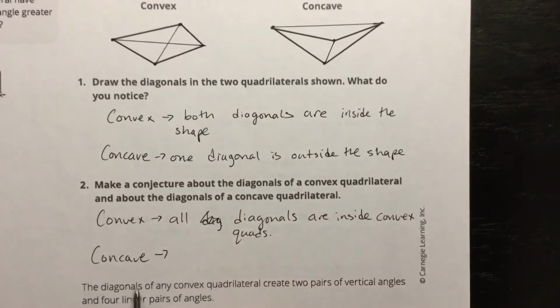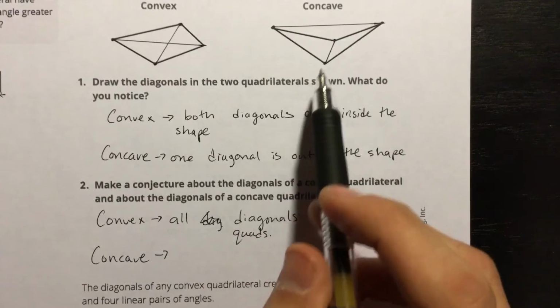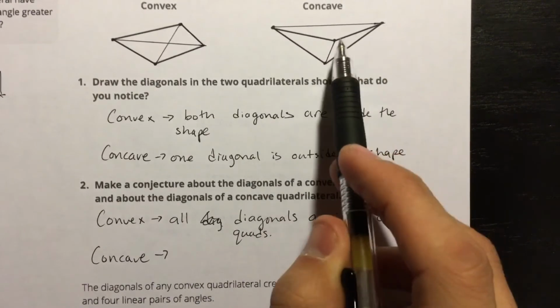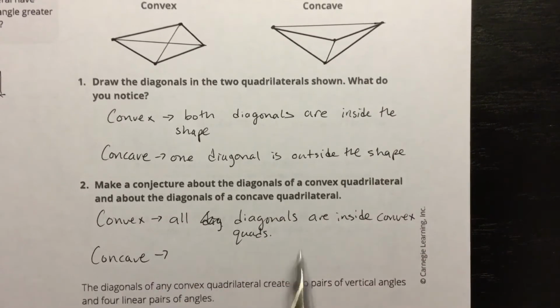And then my conjecture for the concave: in here I said one diagonal is outside, so that means that there's one inside, right? Because for a 4-sided shape, there's 4 corners, and if I connect opposite corners, I'm going to have 2 diagonals. So if one is on the outside, that means one is on the inside.